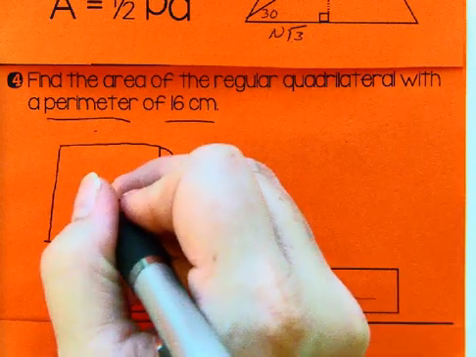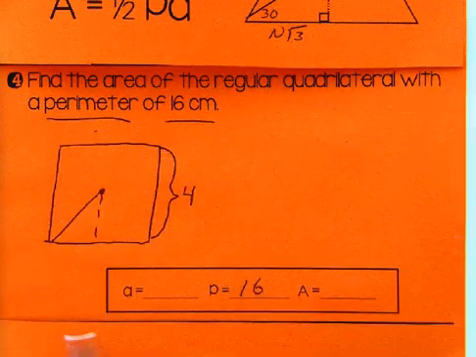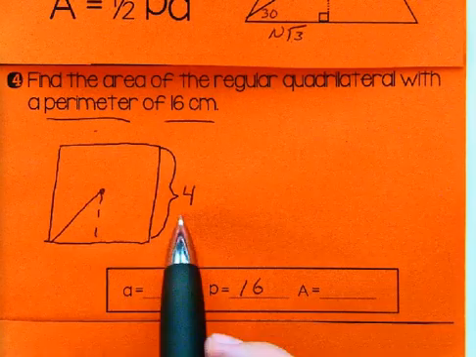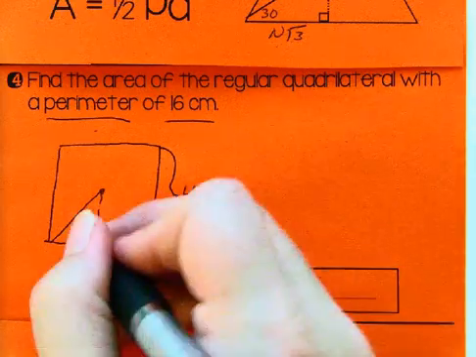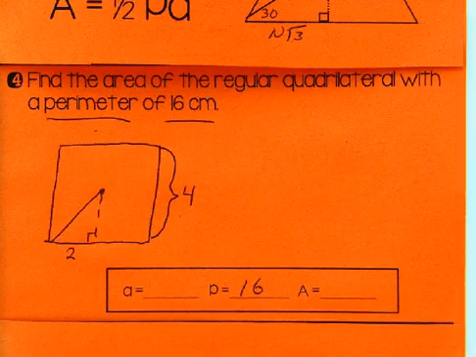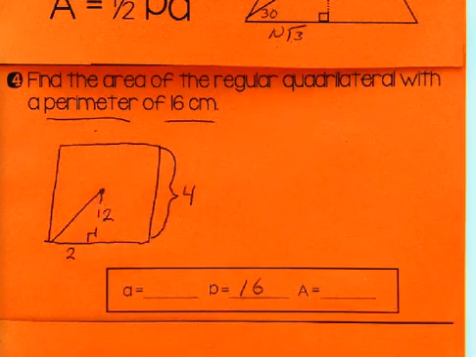So then when we're finding the side length for our triangle, that's going to be half of the whole side, which is 2. Since this is a 45, 45, 90 triangle, we know that our apothem is also going to be 2.